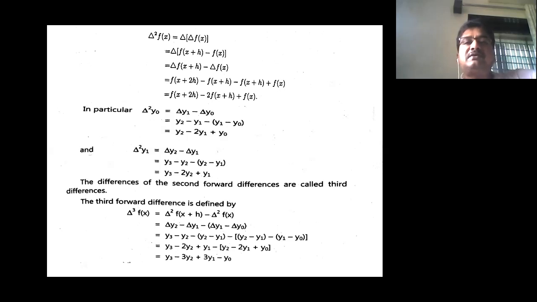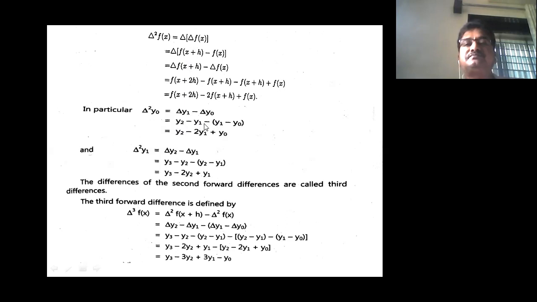Delta of y0, and delta of y0 is what? Y0 minus y1. Similarly like this. Okay, and delta y1 is what? Y2 minus y1, the value at the next point minus value at the same point, minus, in brackets, delta y0. What is delta of y0? It is y1 minus y0, the value at the next point minus value at the same point.